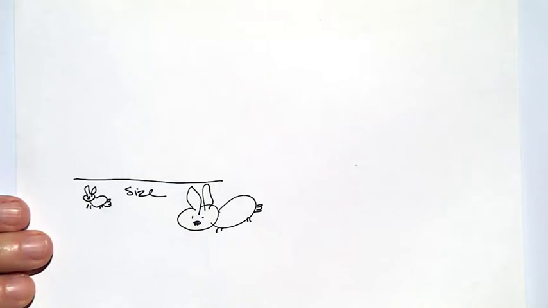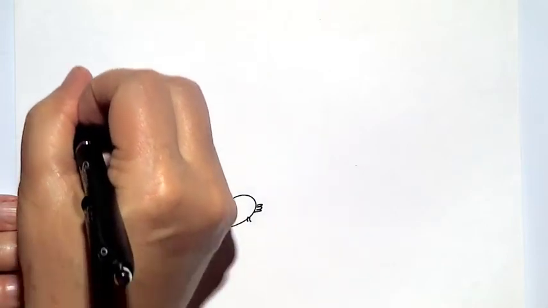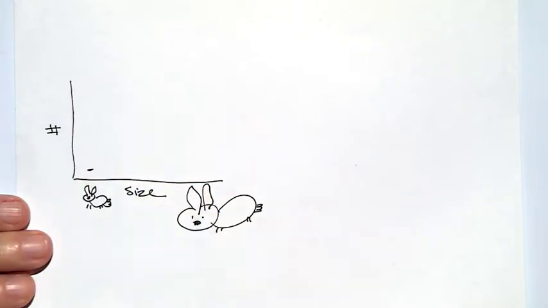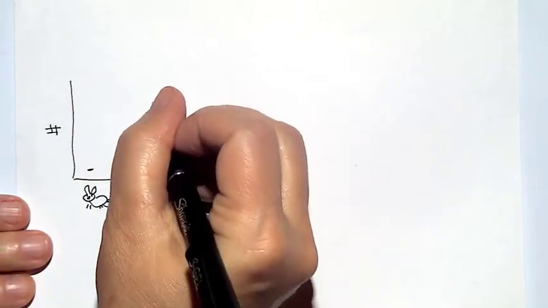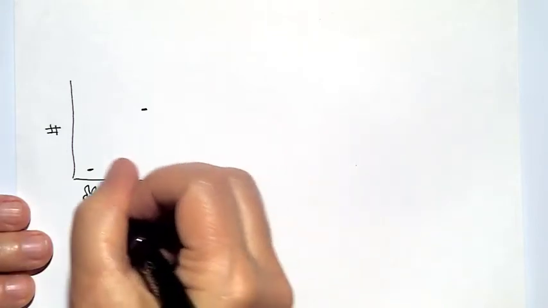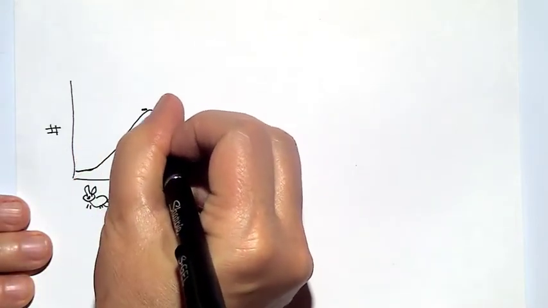In a normal population, there are very few small rabbits, lots of average size rabbits, and a few very large rabbits. The curve looks like this.